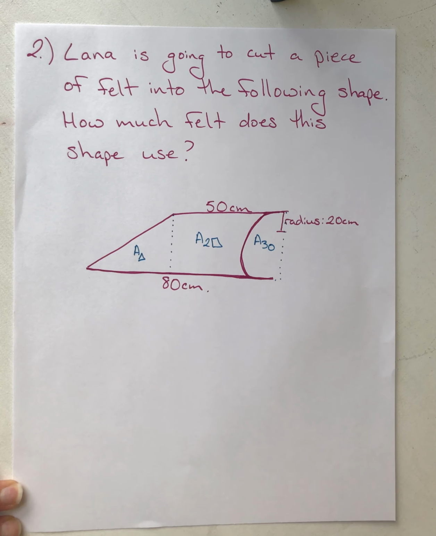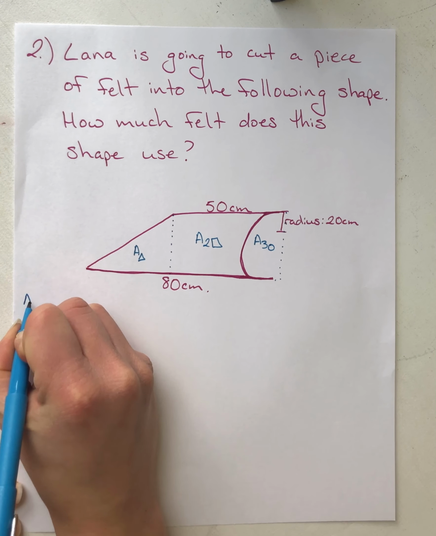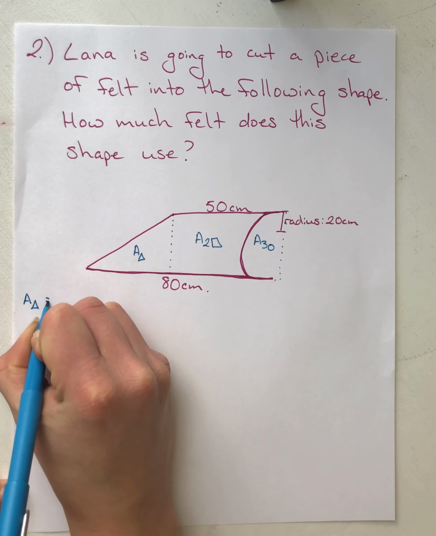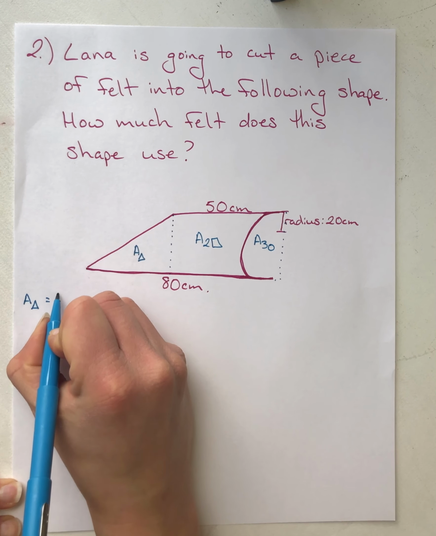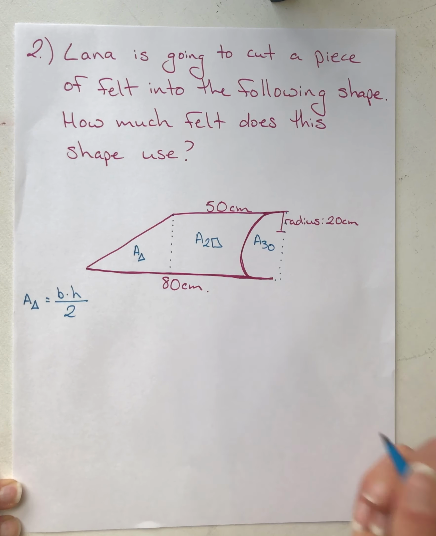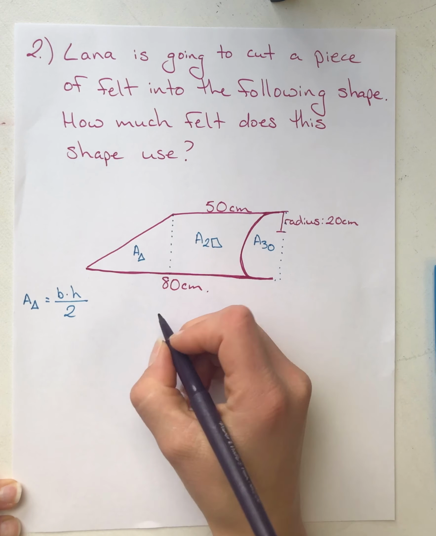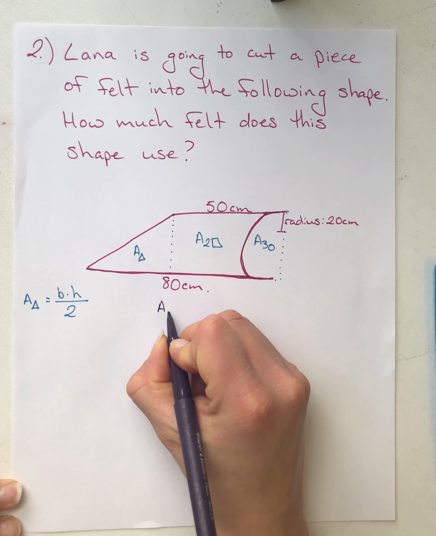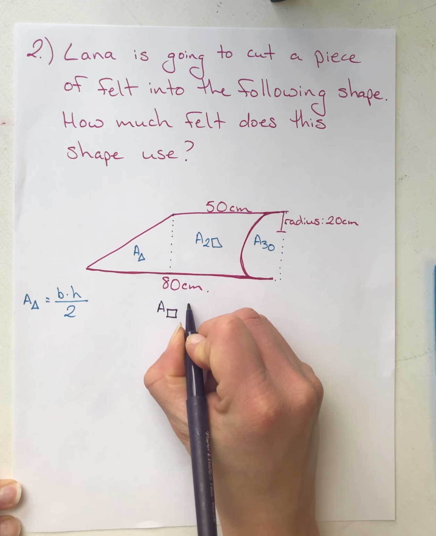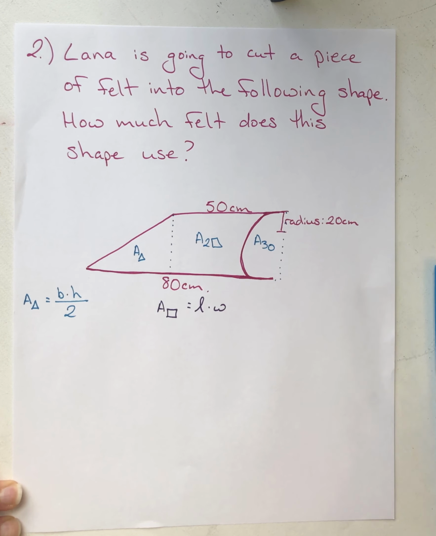Then we're going to write the equations that we're going to need. Instead of doing it one by one, I'm going to write them all out. I'm going to do the area of our triangle first: base times height divided by 2. And then the area of our rectangle, I was about to say square, is going to equal length times width.